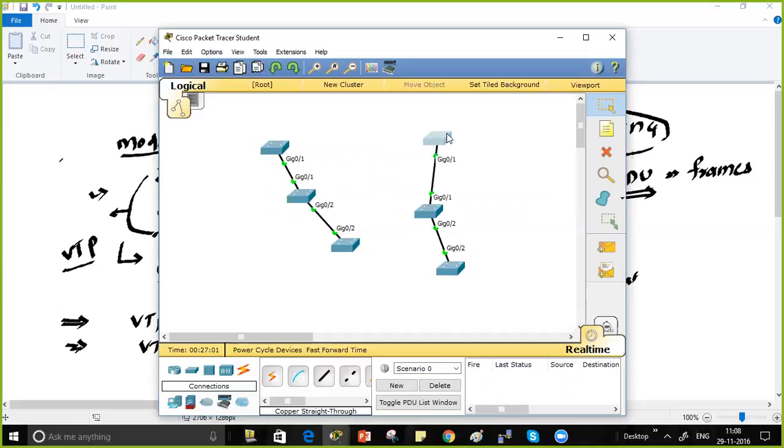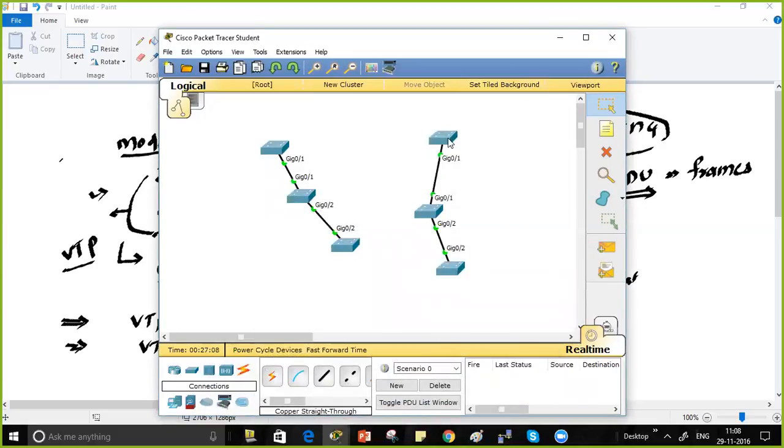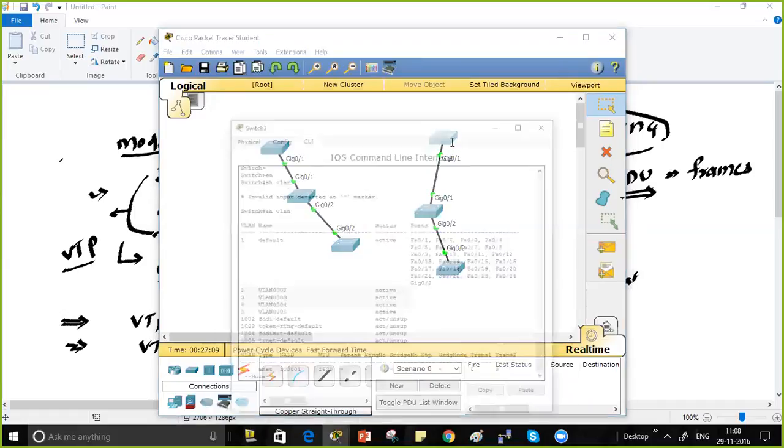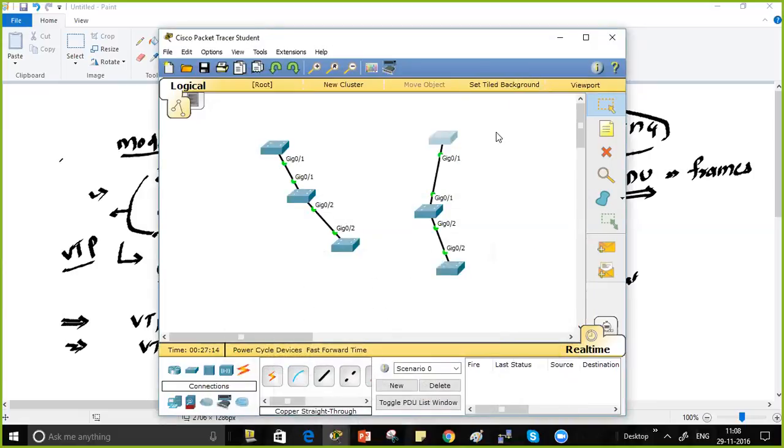I did not configure trunk ports first. First, I configured VLANs. After that, I configured VTP mode. Just assume that this is the first one, and this is the second one.